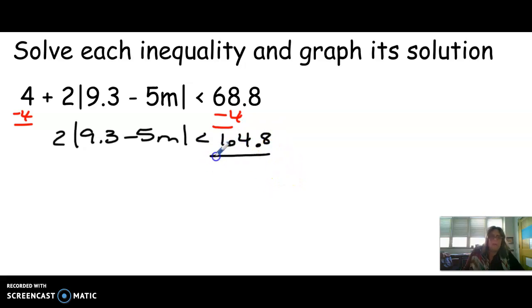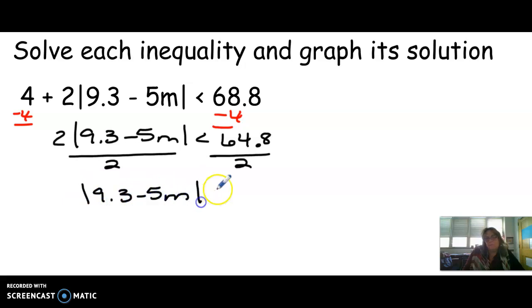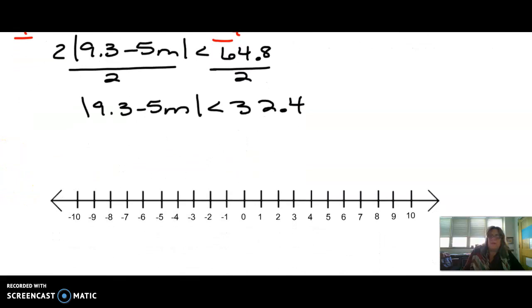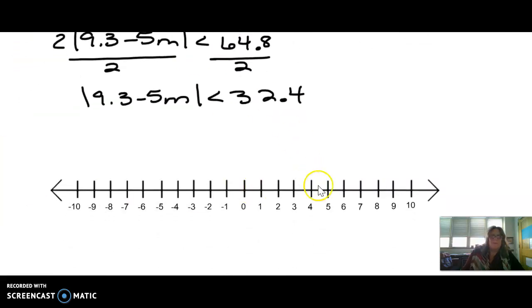Now I'm going to come back and I'm going to divide both sides by 2. And that gives me 32.4. Okay? So I've got my absolute value sign isolated. I've got it by itself.